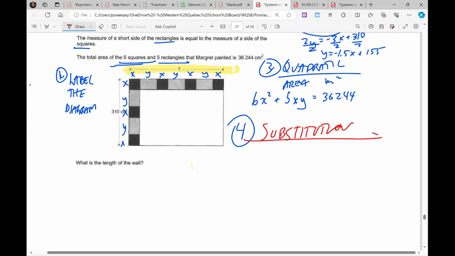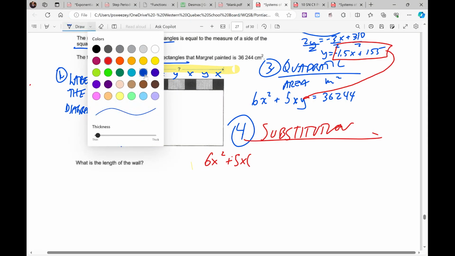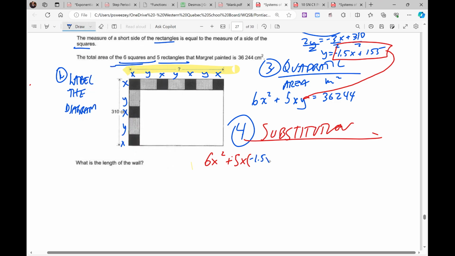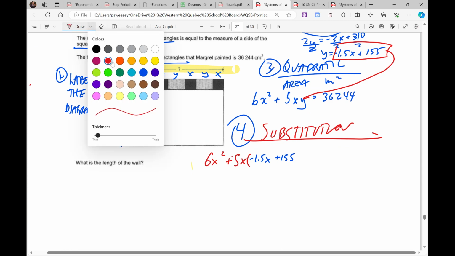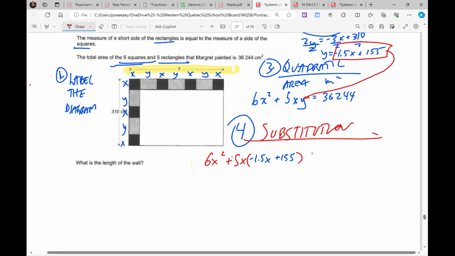So I'm going to sub this guy in to that spot right there, being left with 6x squared plus 5x, and then internally negative 1.5x plus 155, and then equal to 36,244.